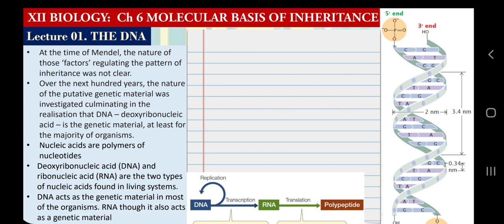When Mendel discovered that something is controlling our characters, passing from one generation to another following the laws of dominance, segregation and independent assortment, nobody knew that those things are made up of DNA. Because of a series of experiments, we came to know that DNA is the genetic material. And after we knew that DNA is the genetic material, it was in 1953, that 1950s time.